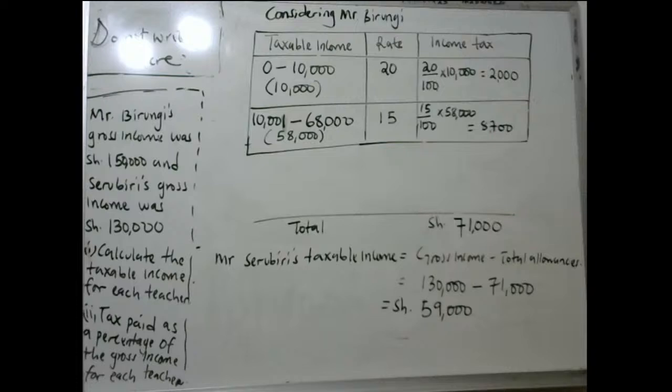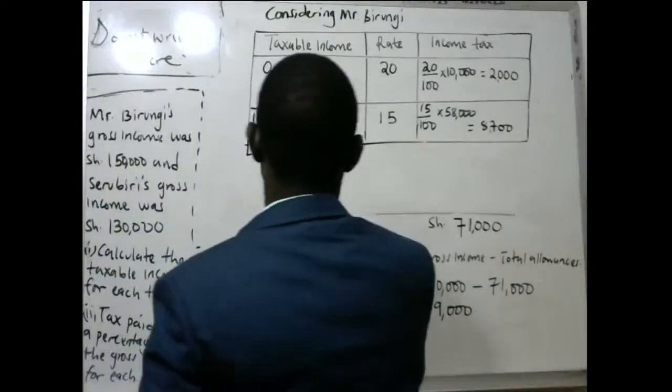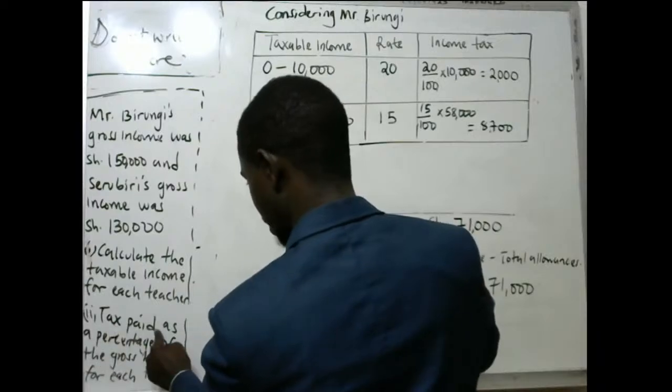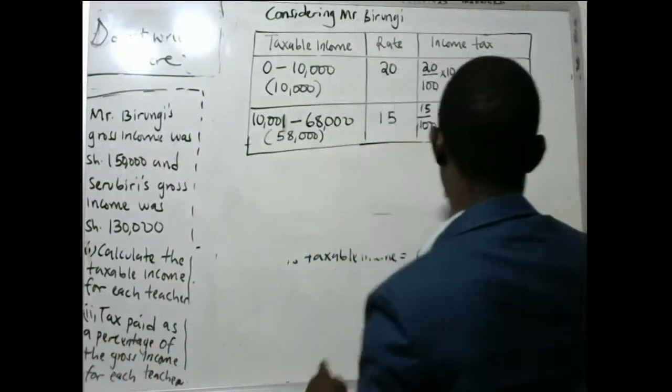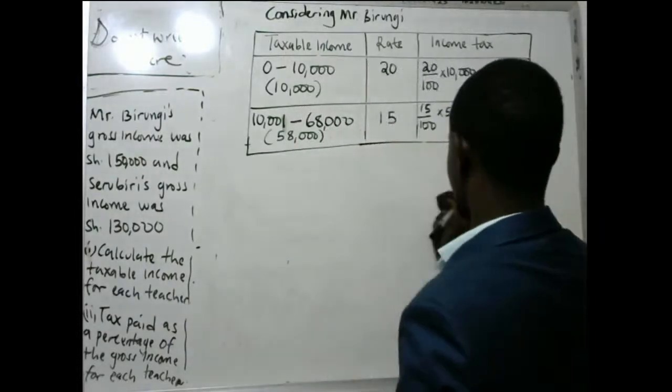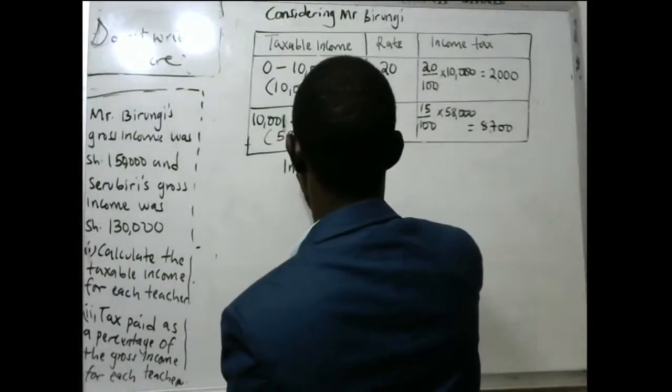So that is it. Then you look for the total income tax, because the question is saying calculate the tax paid as a percentage of the gross income. Tax paid. So the tax paid, we get it as a form of taxable income. Rather, income tax.